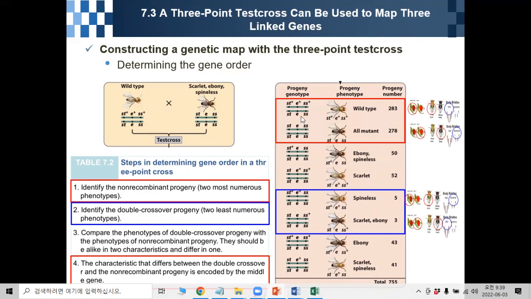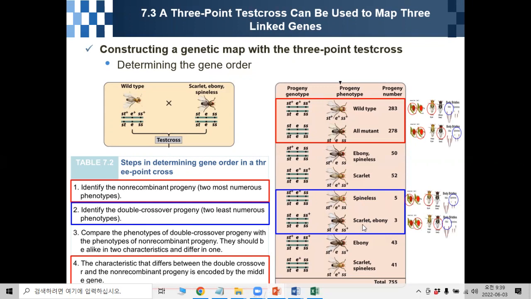For example, this one is wild type, and this one is the mutant. This one is spineless. They are wild type, but this is their spineless.